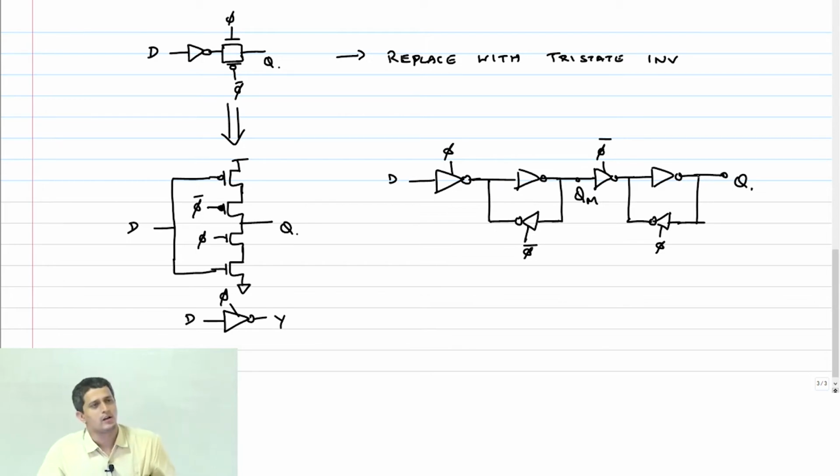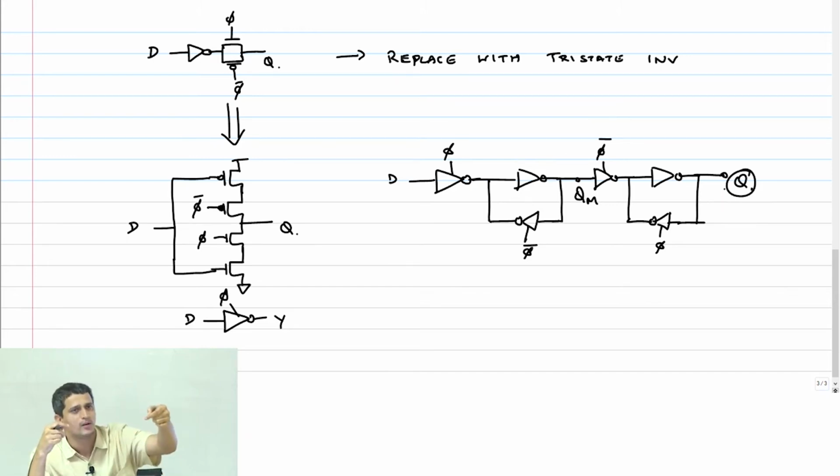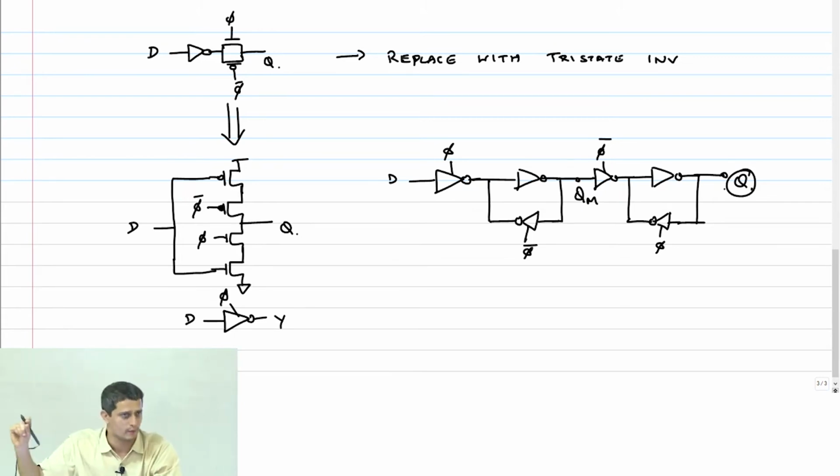So in general, if you look at this, Q is what is going to be available to the outside world. In the sense, the next gate's input will be connected to this Q, right? Which means that that node is going to be available as a wire somewhere.